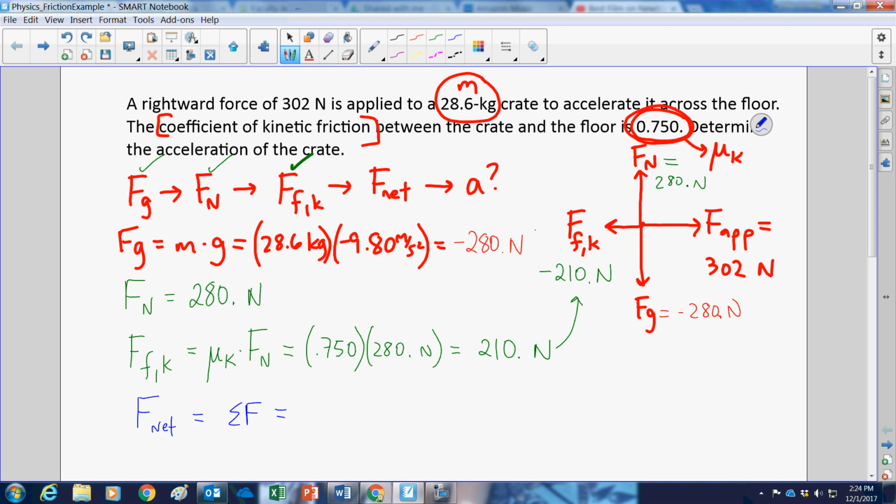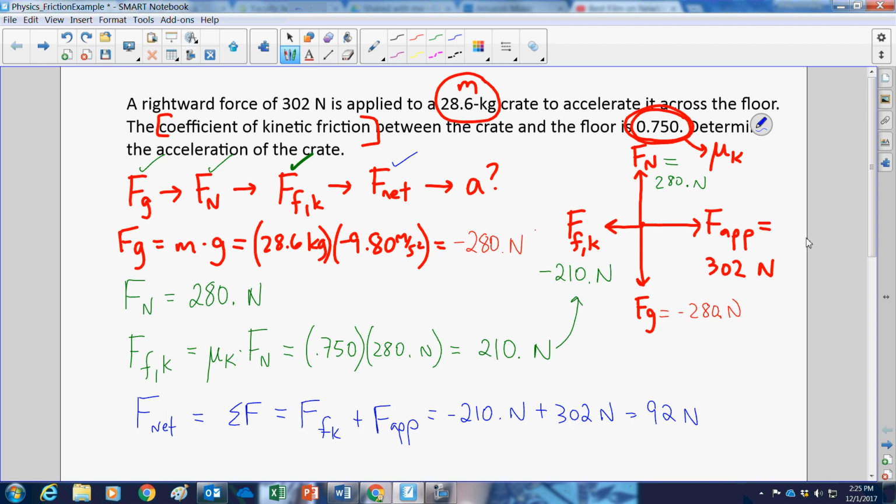Let's just do the sideways ones. So we have force of friction plus force applied. So then I'm adding my negative 210 plus the 302, and I get 92. Following the addition rule, I'm only allowed to keep to the ones place, so I'm stuck with just two sig figs now. Okay, and then I've got my F net done.